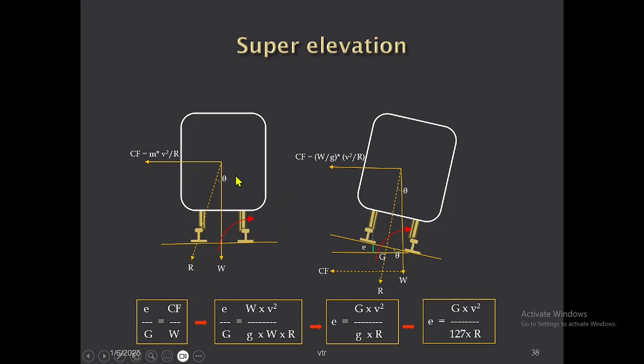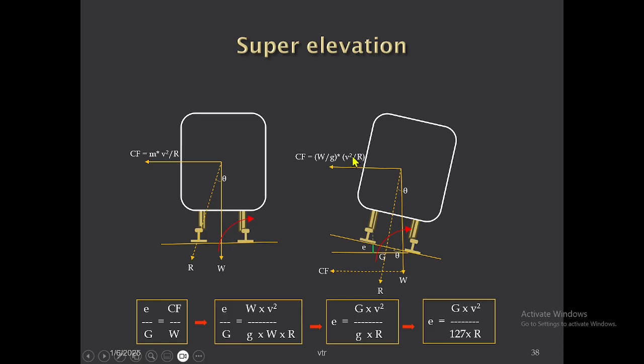So as we already discussed, centrifugal force equals mass into acceleration. Mass means the weight of the body with respect to gravity. Considering acceleration due to gravity, W by g, weight of the body divided by acceleration due to gravity, is the mass, into V squared by R. Here you can see, the more the speed, the more the centrifugal force, because it is directly proportional.